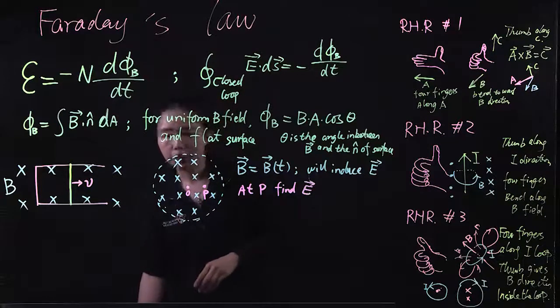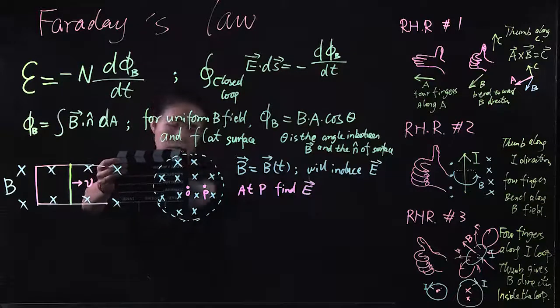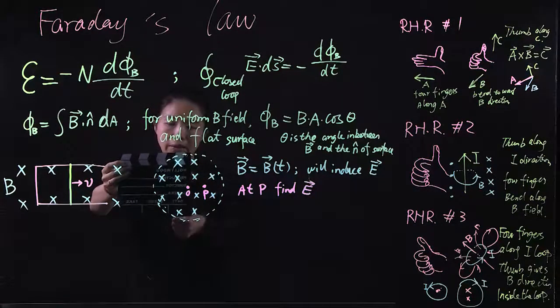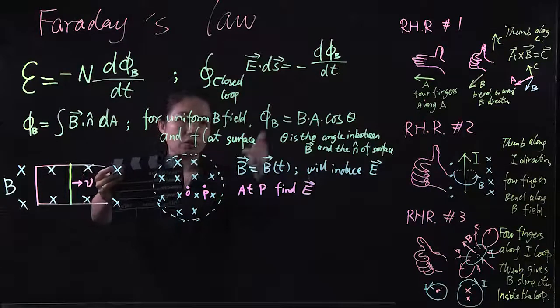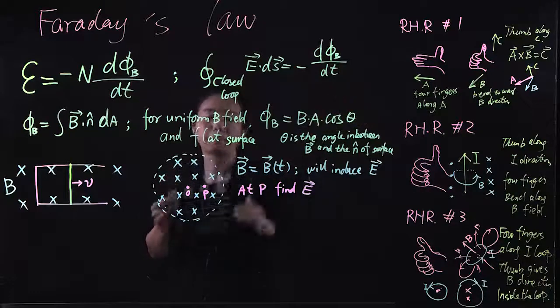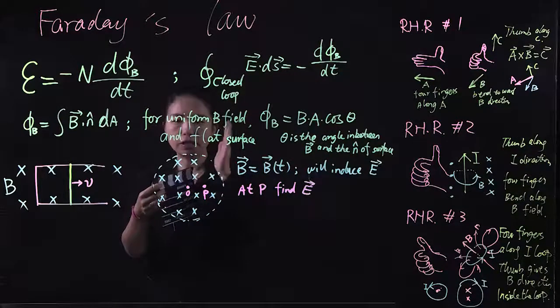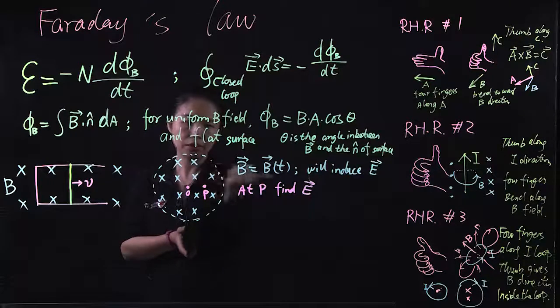If you have a B field into the page, and you have your surface parallel to the page, then the normal direction and the B field are in the same direction, and the flux is equal to B times that area times cosine 0, which is 1. If your B field is into the page and your area is like this, the normal direction and the B field direction are perpendicular to each other.